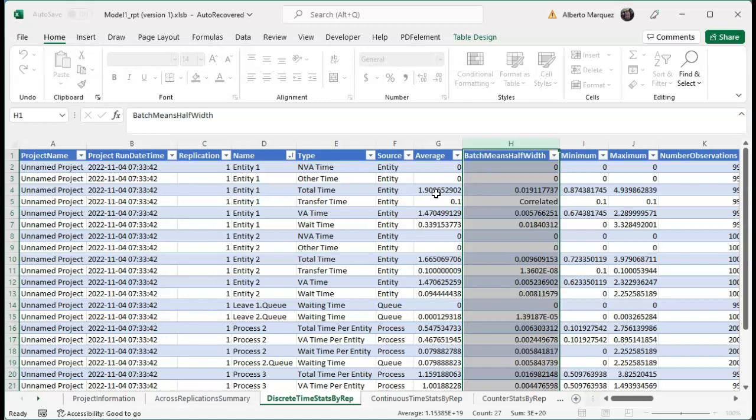So if we go back to our knowledge of statistical confidence intervals, this half width refers to the 95% confidence interval half width. So it's only one side of that 95% confidence interval.